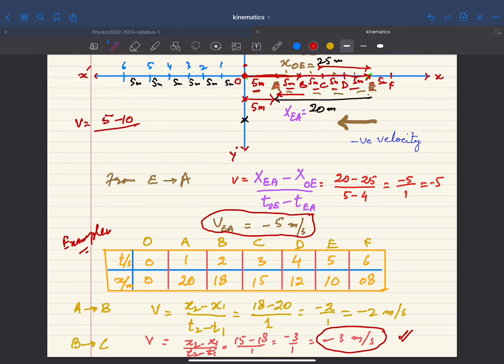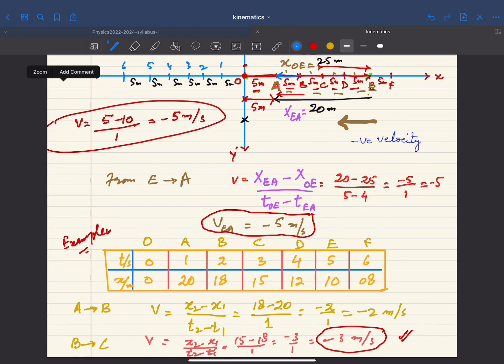Suppose the time you are taking for this is 1 second, so -5 meters per second is not showing you the decrease in velocity, but only the change in direction. First you are moving from O to B, and now you are coming from B to A. So this is showing you the change in velocity, and this is the value of -5.